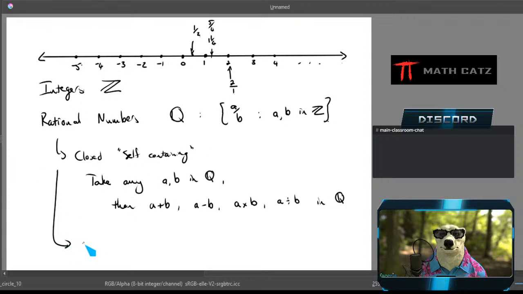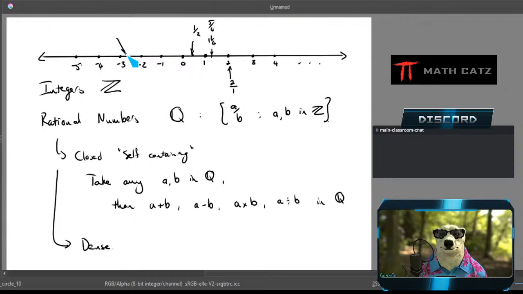there's another property. I'm not defining density on purpose. It's dense in the sense that on this number line, there are no gaps.